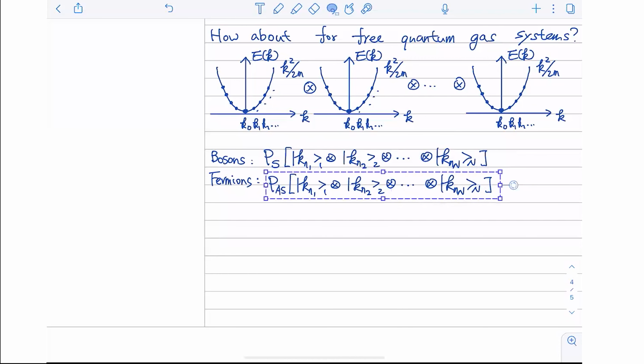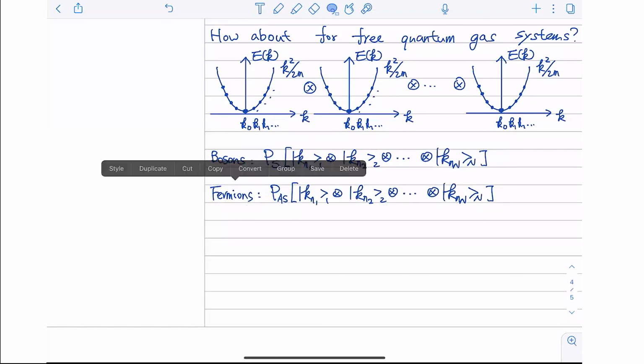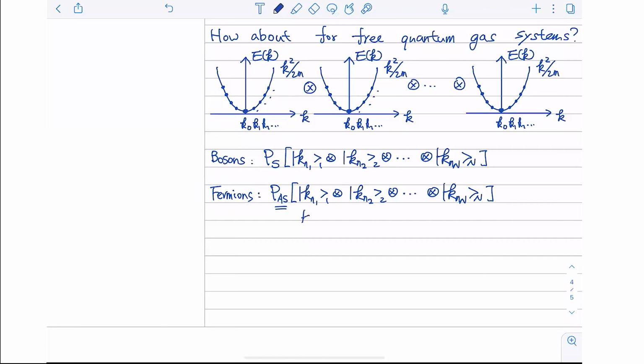Let me try to arrange the spacing. Okay. And because of this anti-symmetrization condition, we have the requirement that kni cannot be equal to knj.